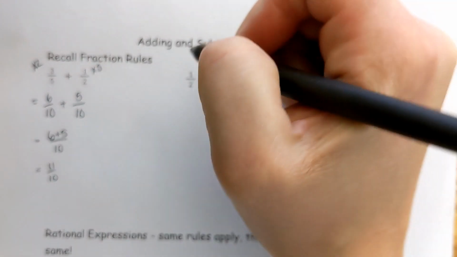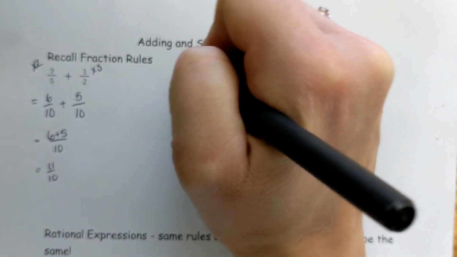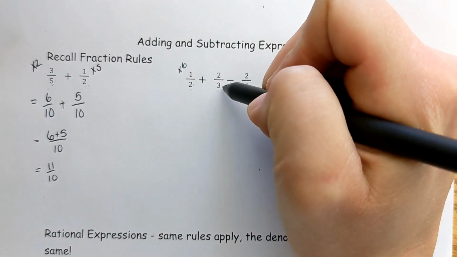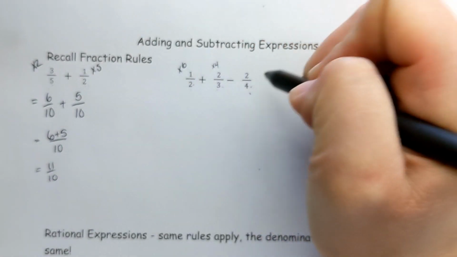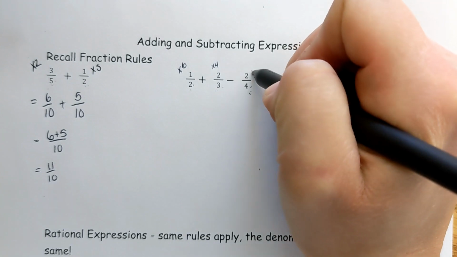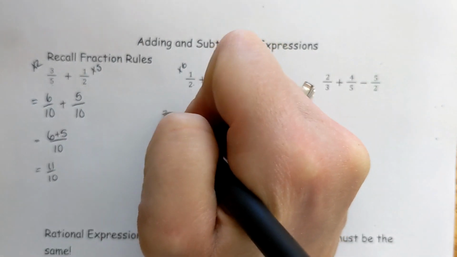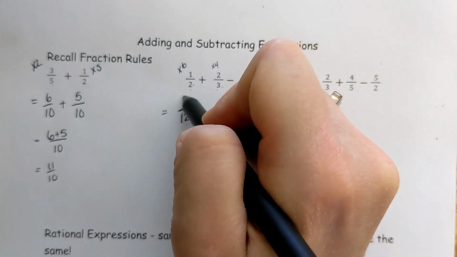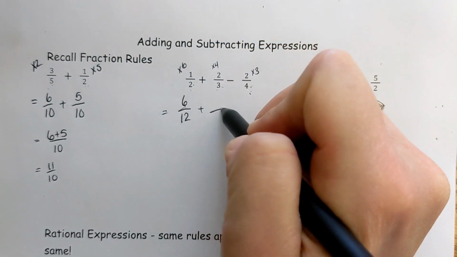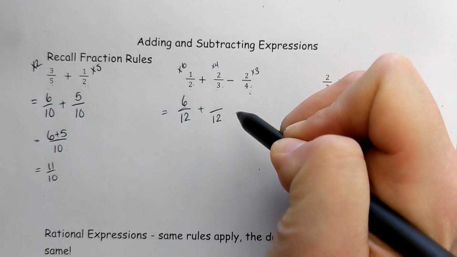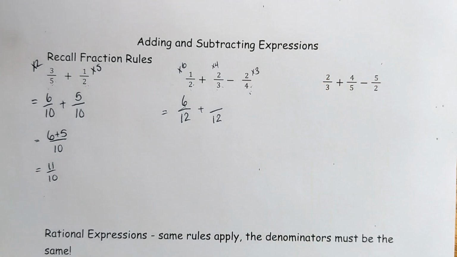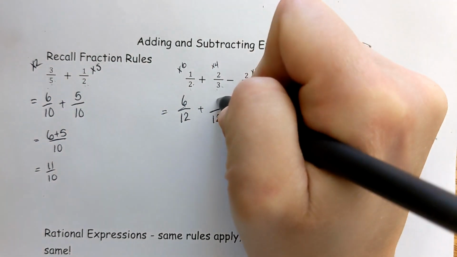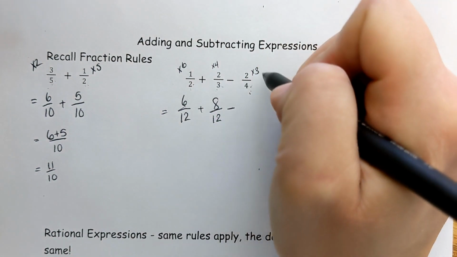To get to 12 from 2, I have to multiply by 6. To get to 12 from 3, I have to multiply by 4. And to get to 12 from 4, I have to multiply by 3. 1/2 over 12 becomes 6/12. The equivalent fraction of 2/3 over 12 is going to be 8/12.